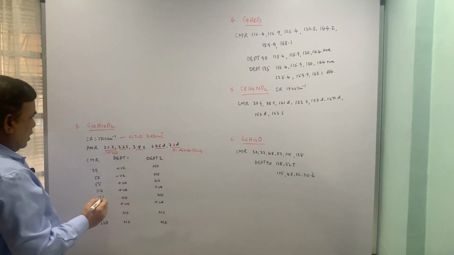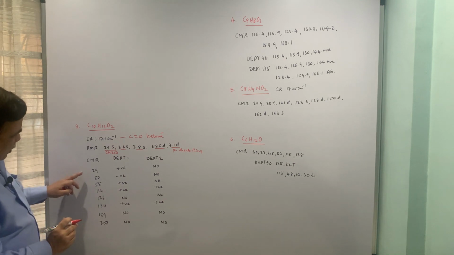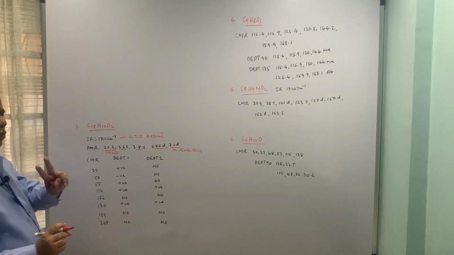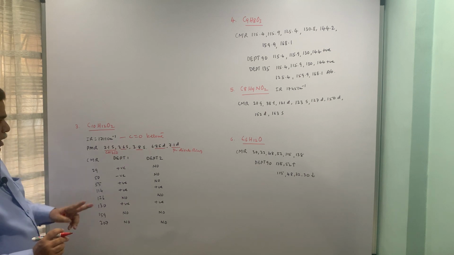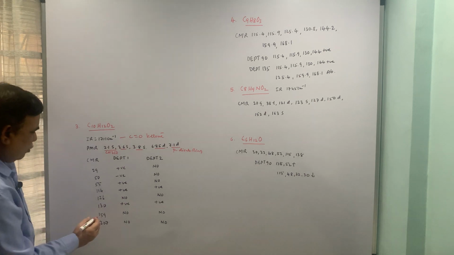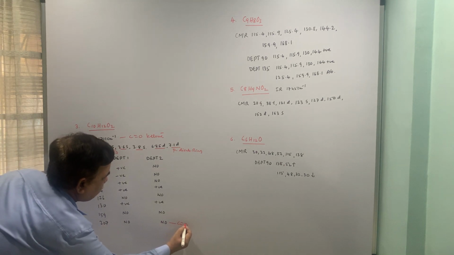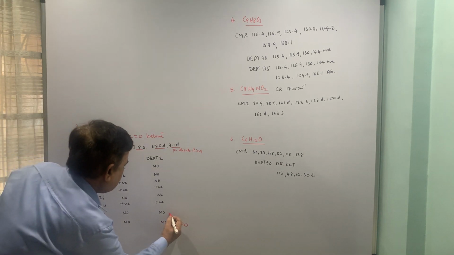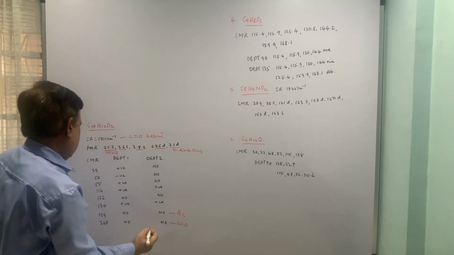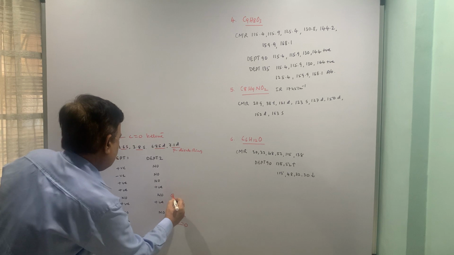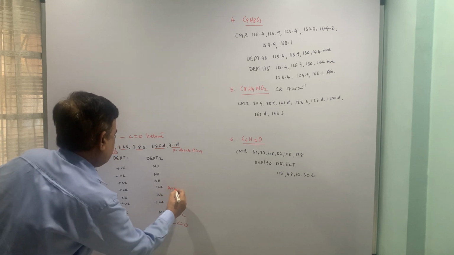So carbon 13, 1, 2, 3, 4, 5, 6, 7, 8. 8 means 2 carbons are equivalent, so that's why 2. This is the carbonyl, this is quaternary carbon, this is ArCH, quaternary carbon, ArCH.